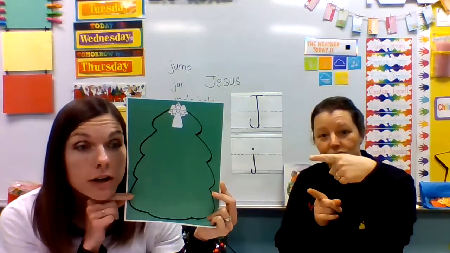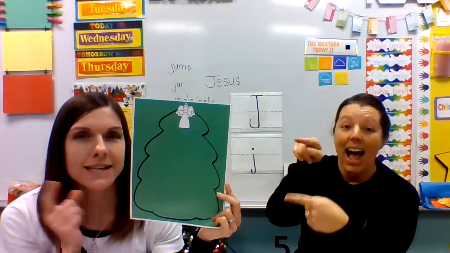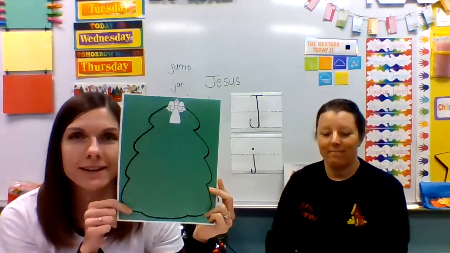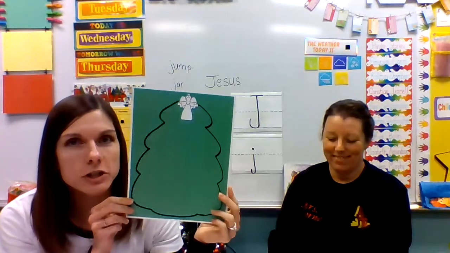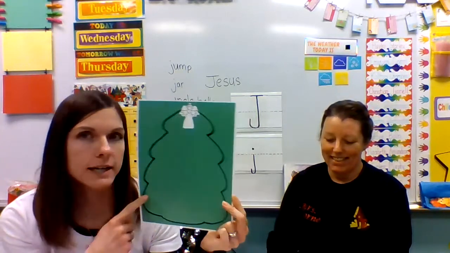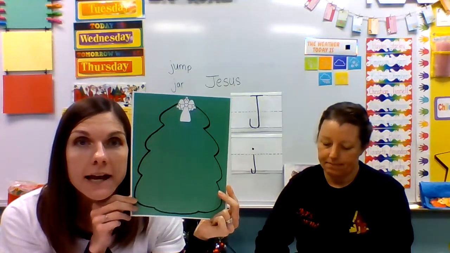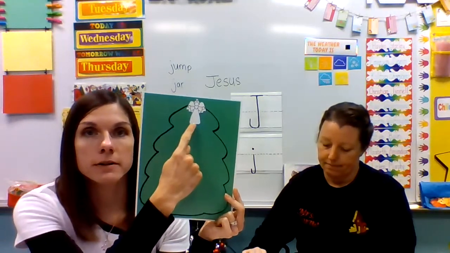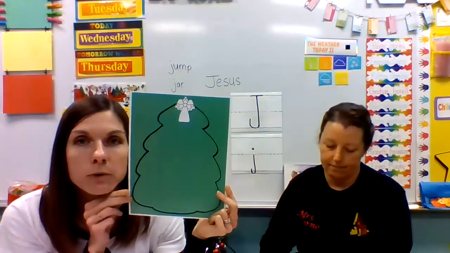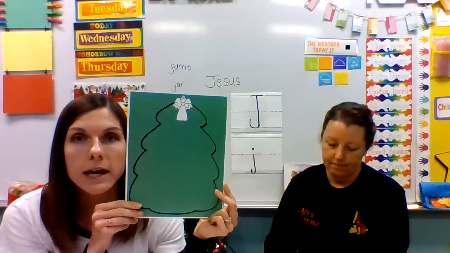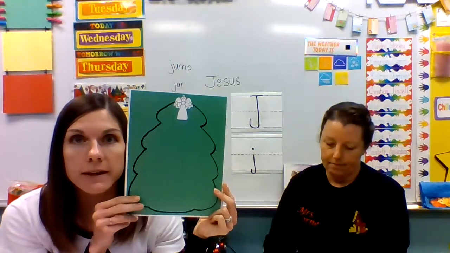If you have glitter at home, put some glitter on it, because I would totally have glitter on it if it was here at school. And then after you're finished decorating it, you can cut it out on the black line, and you can hang it up, and you can remember about the angel Gabriel that came and told Mary about how she was going to have a baby.